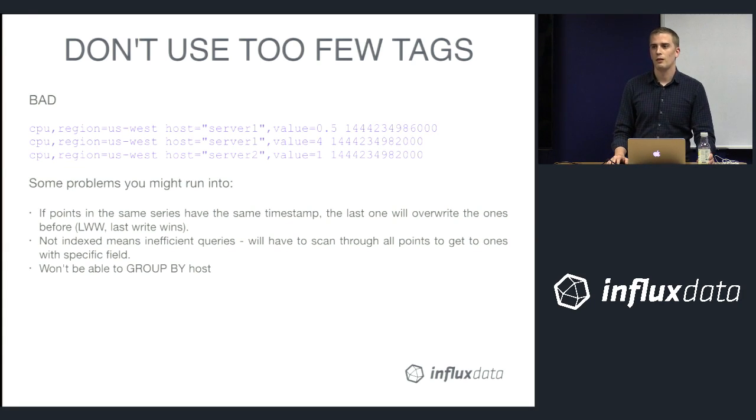So if you want to pull out, say, the CPU usage, and you want to find the max grouped by all the different hosts, so basically find the max value for all the hosts, you need host as a tag and not as a field, because otherwise you cannot group on it. Eventually maybe it will allow grouping by field, but probably not, just because that's so inefficient, because it basically has to go to disk and filter through everything.